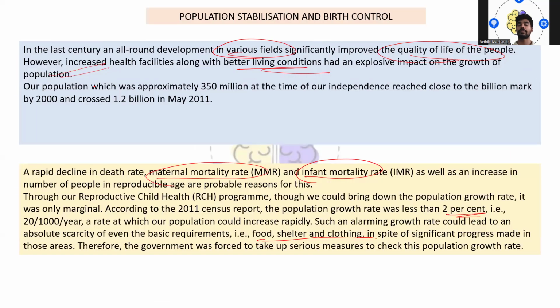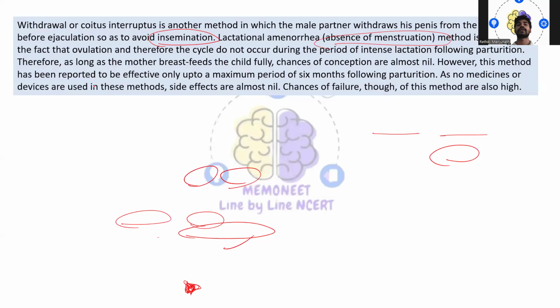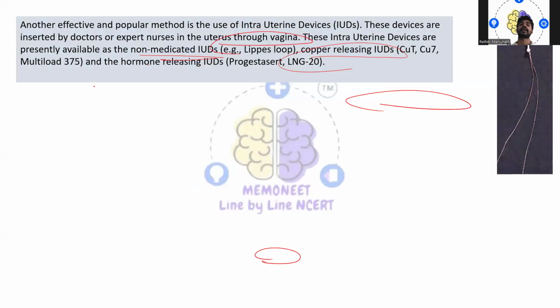So this was all about the chapters on population stability and birth control, where we had a discussion about what population and birth control are, why the population has been increasing, and what the different ways of contraception are. We discussed the natural ways of contraception, like withdrawal. Then another effective method is using IUDs, which is also a contraceptive.